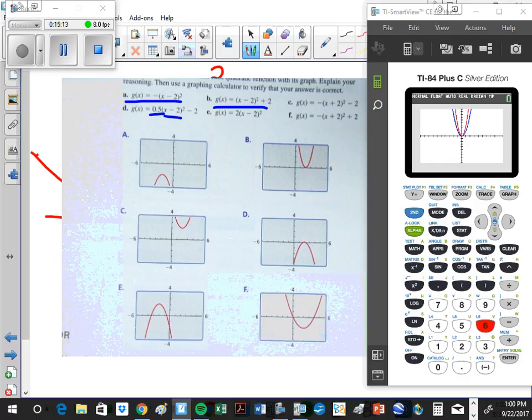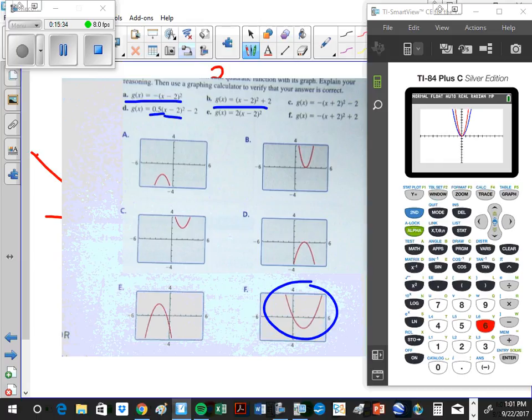Letter F. So you can see this one looks a little bit wider. But wider is the wrong word. It's shorter. We haven't changed the x's. We've just compressed the y's. All right, letter E. Nope.